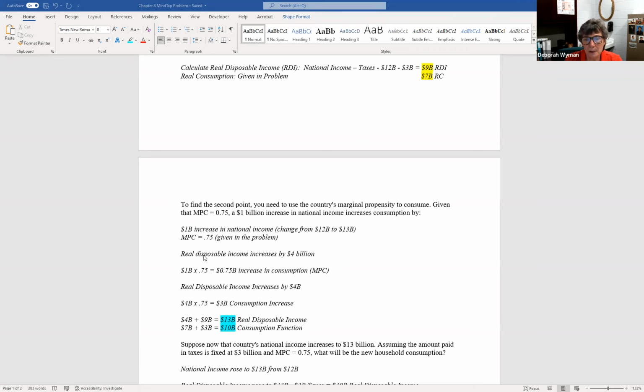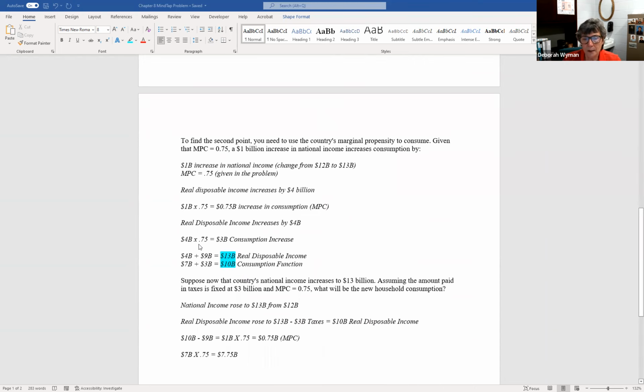The real disposable income is increasing by 4 billion, and that's told to you in the problem also. So 1 billion times 0.75 is 0.75 billion increase in consumption. The real disposable income increases by 4 billion, so 4 billion times 0.75 is 3 billion consumption increase.